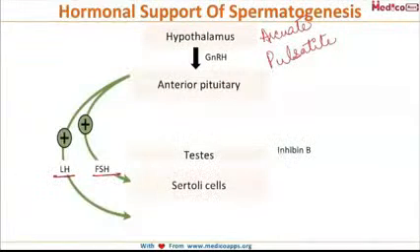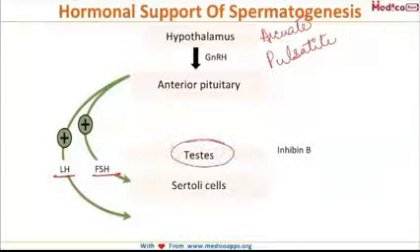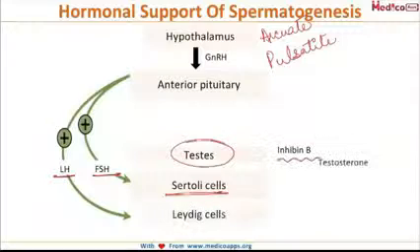Now what is the end organ for these gonadotropins? It is the testis. FSH has its receptor on the Sertoli cells, and so it acts on the Sertoli cells releasing Inhibin B. And LH has its receptor on the Leydig cells, and it leads to the release of testosterone. So how do you remember this?